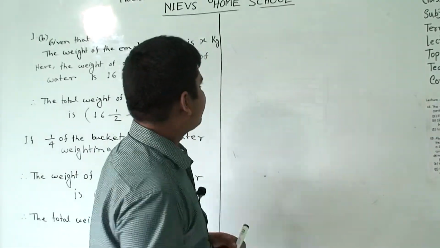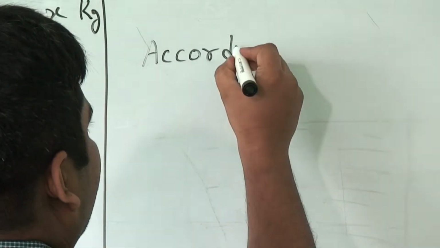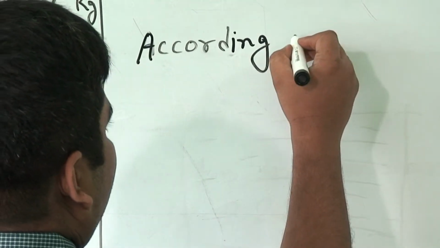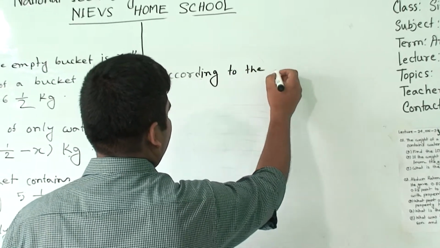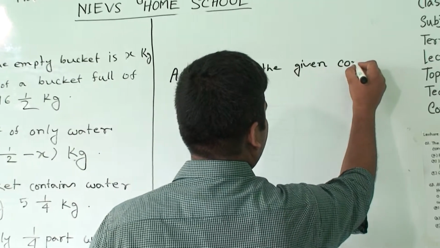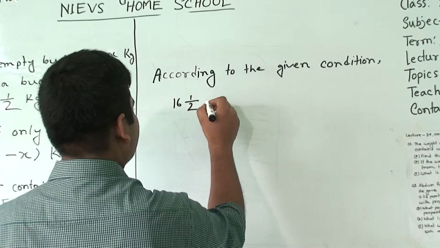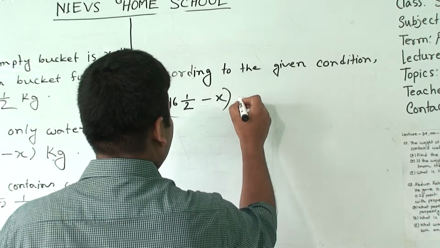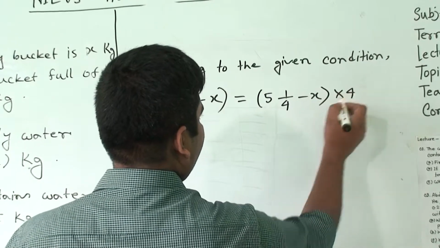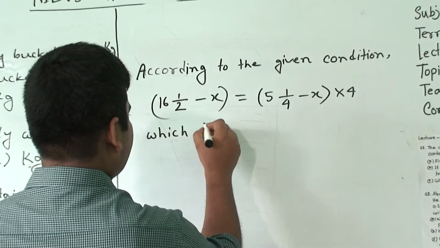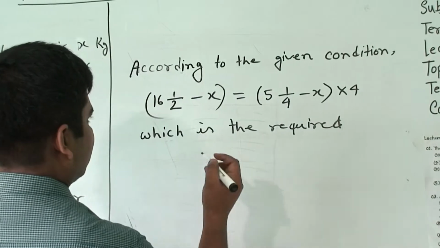Okay, now write according to the given condition, 16 into 1/2 minus x equal to 5 into 1/4 minus x into 4, which is the required equation.